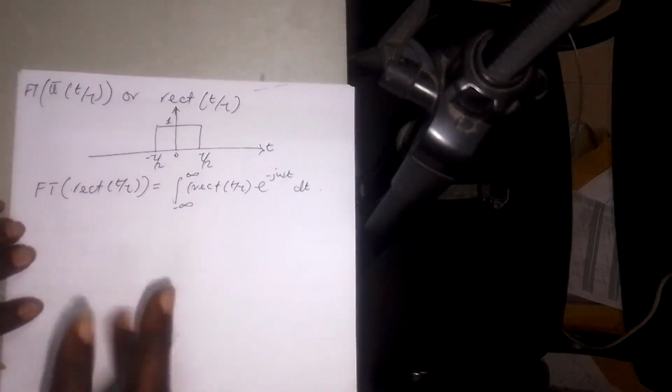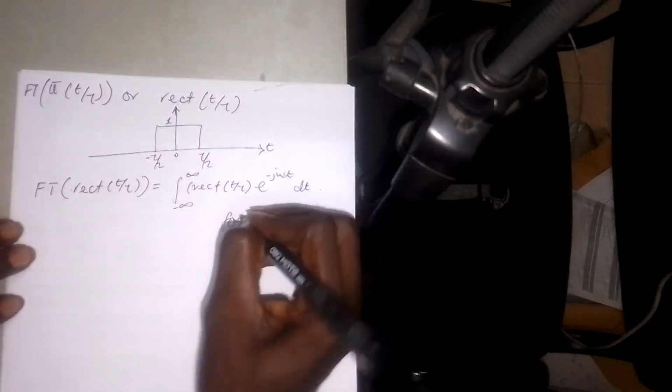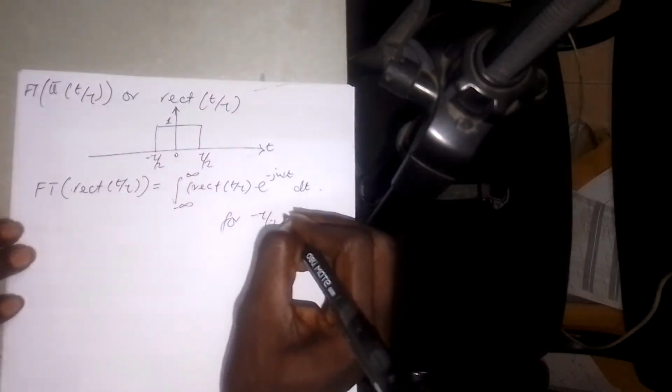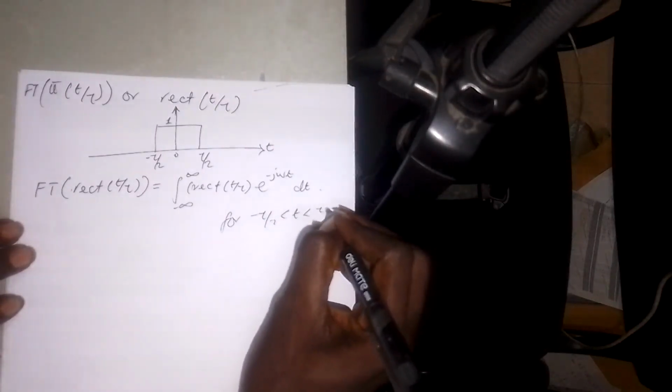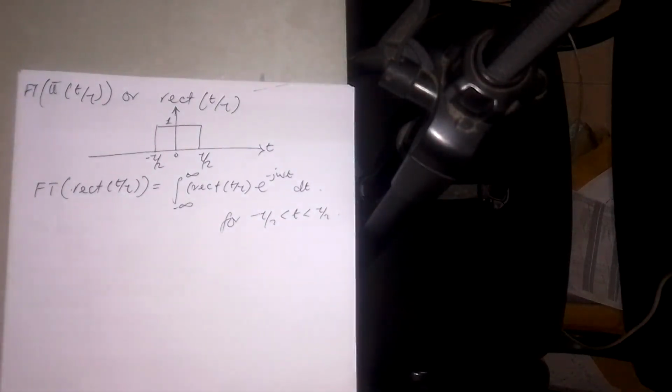Basically this is going to be for the interval minus tau on 2 less than t less than tau on 2. This is how it's going to be.